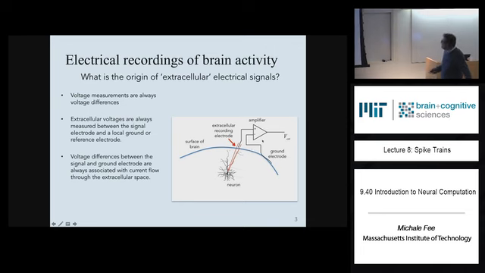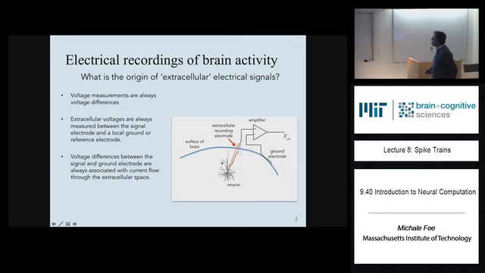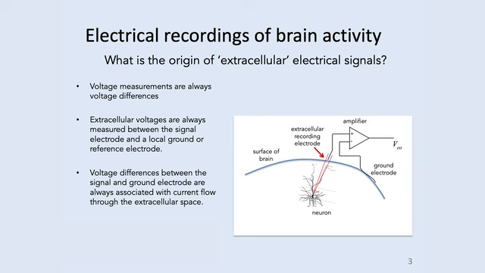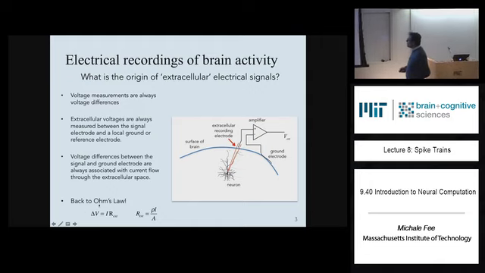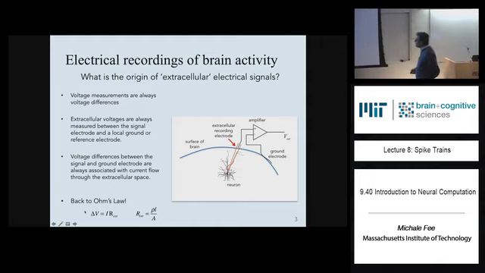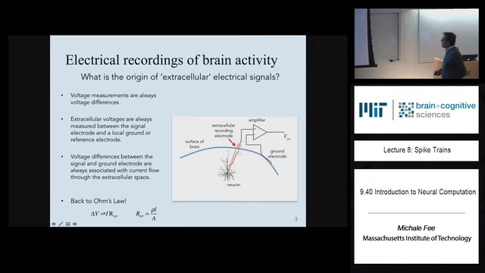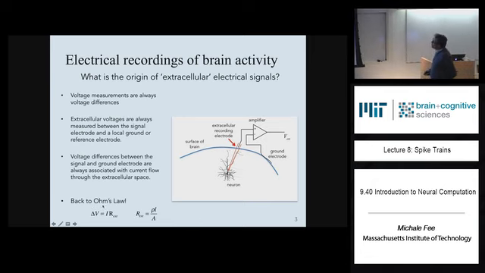Okay, now the voltage changes that we measure in the brain are always associated with current flow through the extracellular space. So we can analyze this in terms of Ohm's law. Basically, the voltage changes that we are measuring are going to be associated with some current through extracellular space times some effective resistance in the extracellular space.